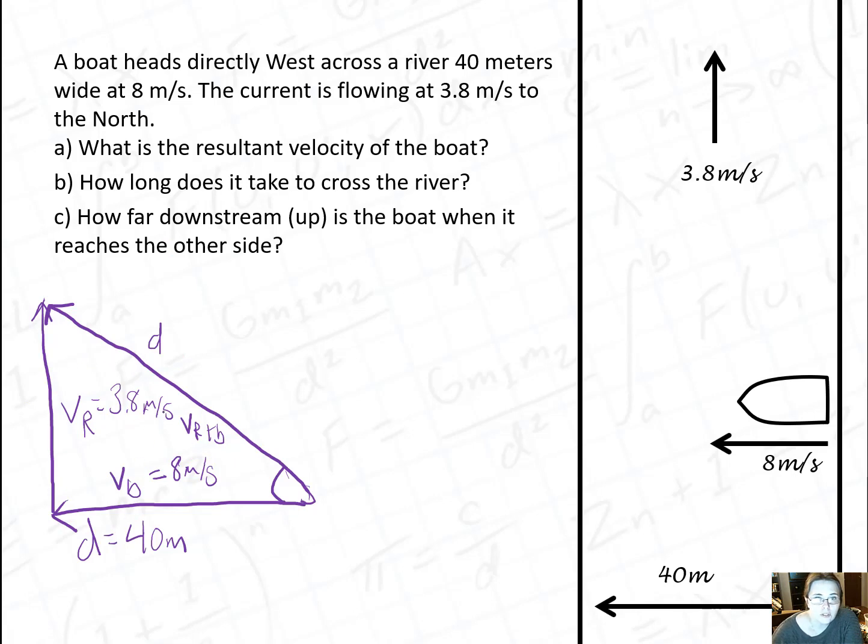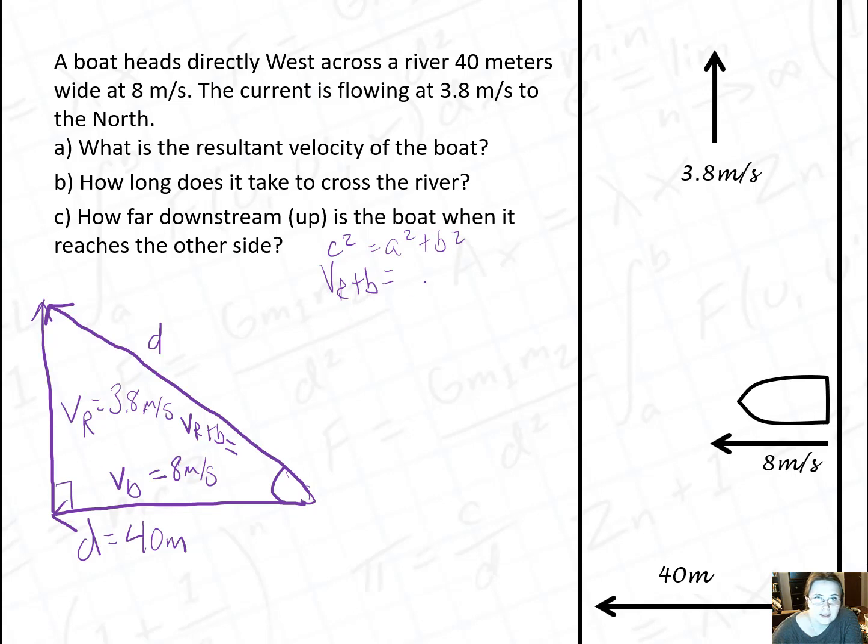We can find this velocity, V r plus b. The velocity of the river plus the boat is just going to be a squared plus b squared equals c squared, because this is a 90-degree triangle.